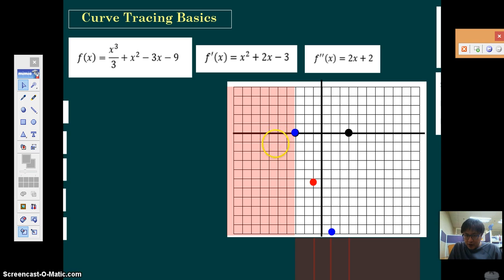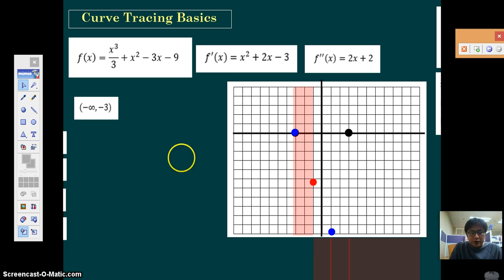This shaded interval represents all values from negative infinity to negative 3, the first special point. The next interval is from negative 3 to the next special point, negative 1. So you have the interval (-3, -1).